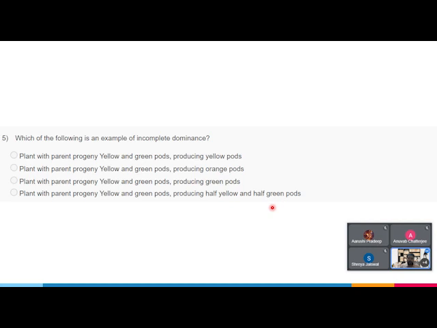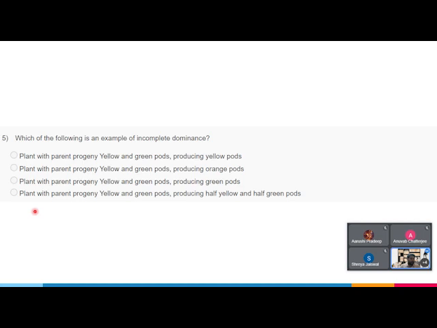So everyone can try and put in chat one answer that they think is correct. Shreya and Arushi both say that it is B. Ria also says it is B. That is, plant with parent progeny yellow and green pods producing orange pods. So anyone else wants to add anything to this?